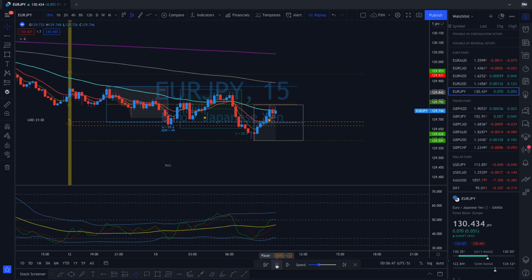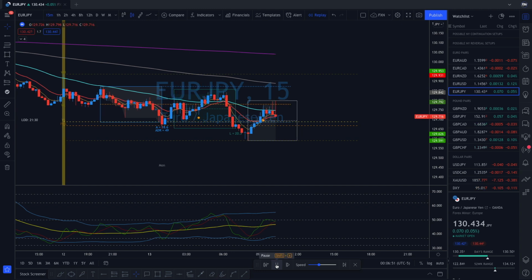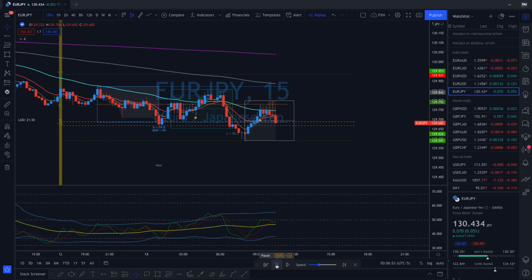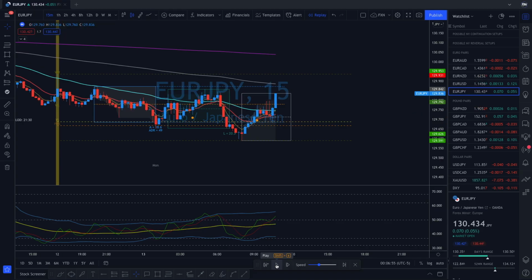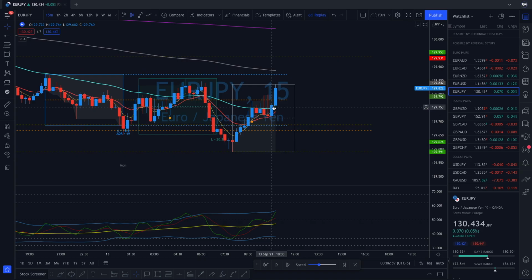So let's see. Damn. Okay, if this candle would have been red, that would have been the entry candle there.